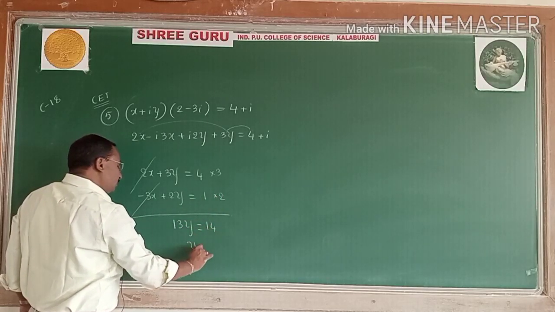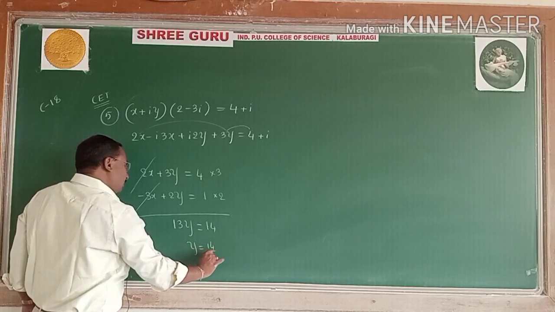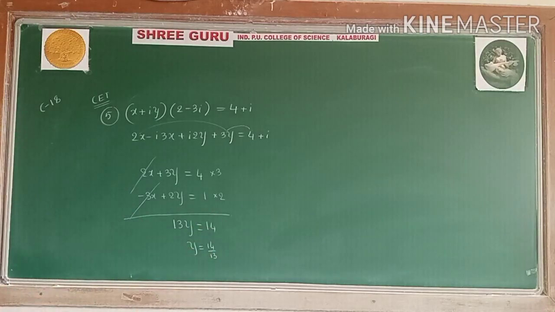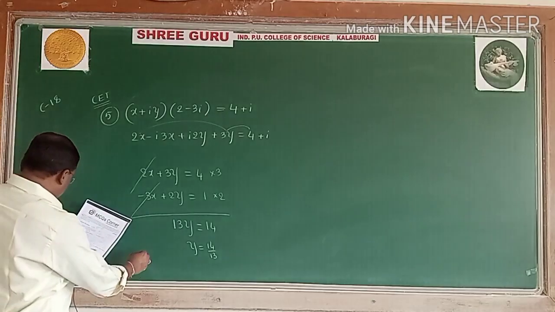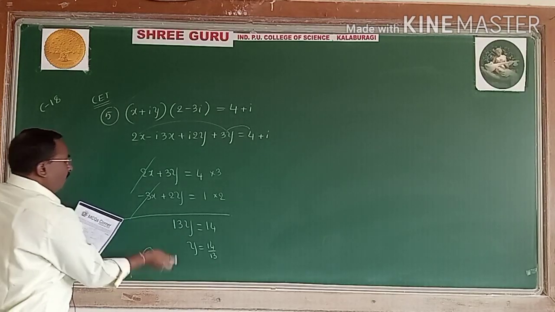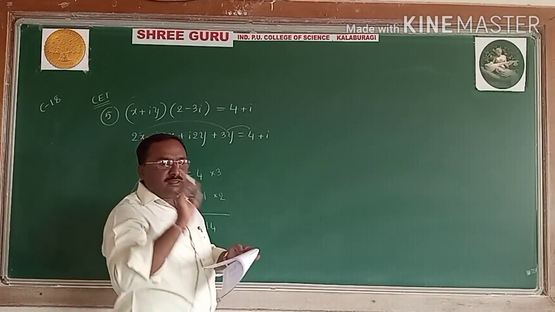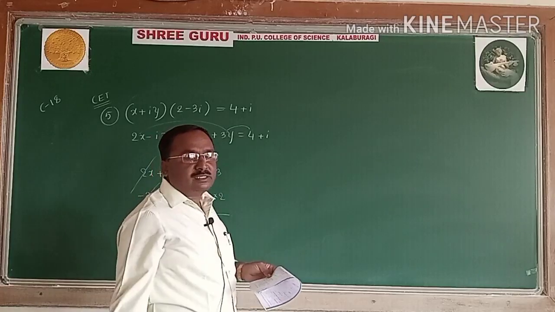What is the y value? 14 by 13. Which option? Yes, that is the correct option C. The x value is not necessary, since the y values are all different in the options. If there is a repeat, then find the x value next.